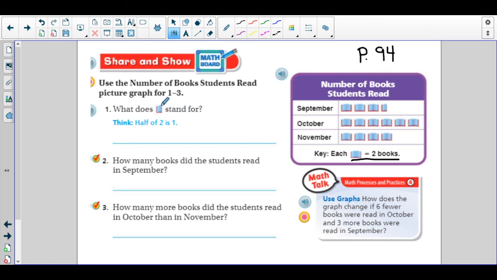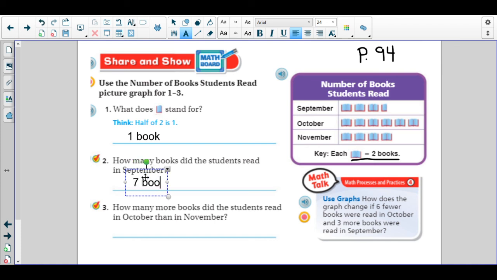So this half of a book is going to be the same as 1 book. How many books did the students read in September? Well, 1, 2, 3.5? No, because each book is worth 2. So it's going to go 2, 4, 6, plus the half is going to be 7 books.